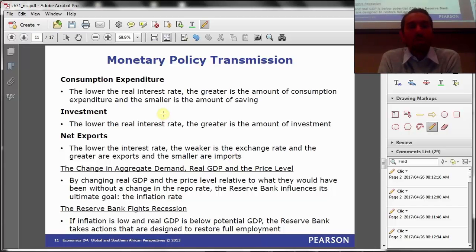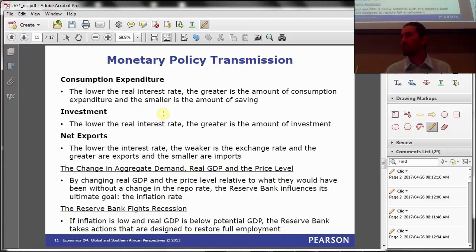Okay? So remember, when we have an increase in output, we have an increase in income. An increase in income leads to an increase in both consumption and savings. So even if the proportion of our income that we are consuming is increasing, our savings can still be going up.